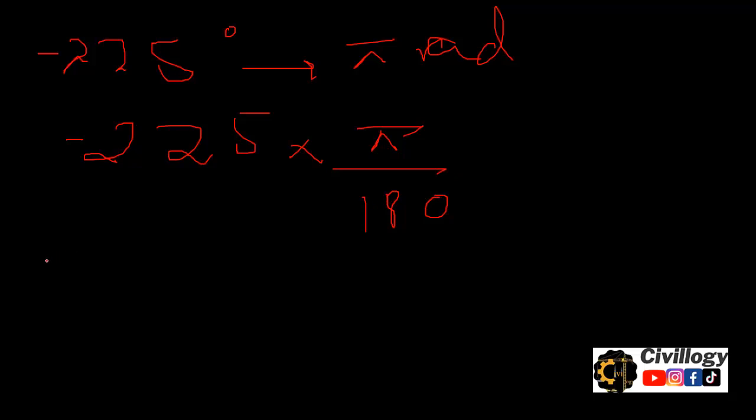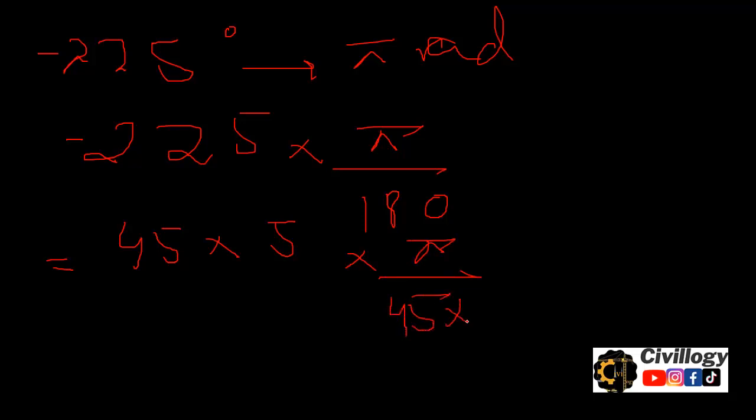We know that 225 is equal to 45 times 5 and 180 is equal to 45 times 4. So this 45 will cancel out this 45 and we will be left with 5 divided by 4 pi, again with the minus.